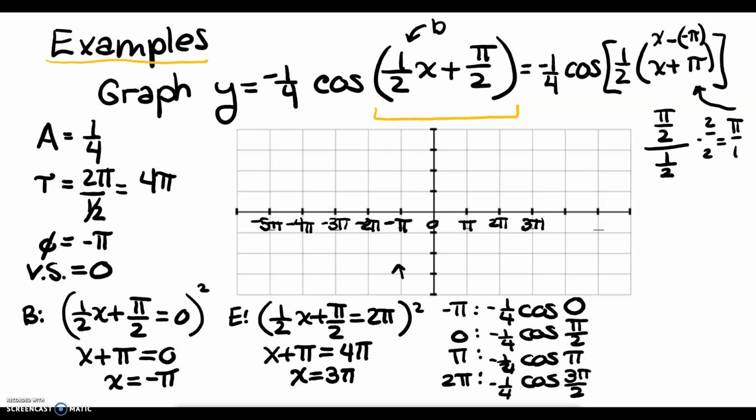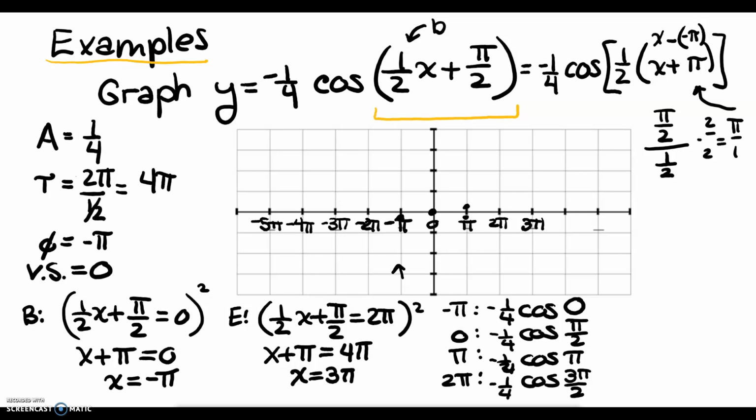All right, so I know the cosine of 0 is 1, so I will be at negative a quarter when I'm at negative pi. At 0, I know the cosine of pi over 2 is 0, so I will be at 0. At pi, the cosine of pi will be negative 1, so I'll be above the x-axis.